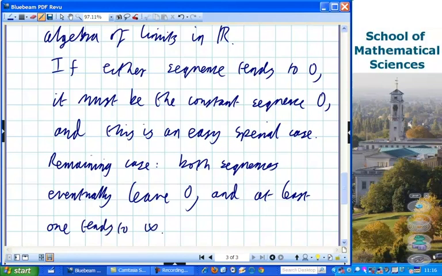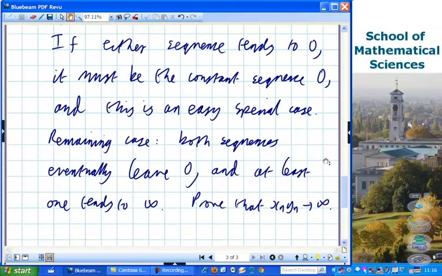So then you have to prove that x_n y_n tends to infinity. It's probably best to go back to the original definition to prove that, the one in terms of m's and n's.